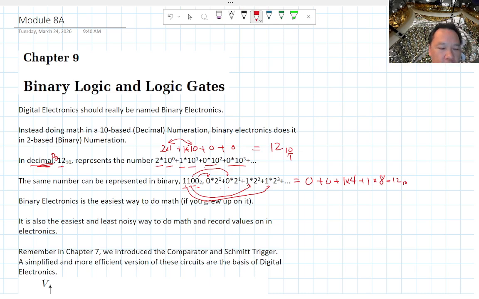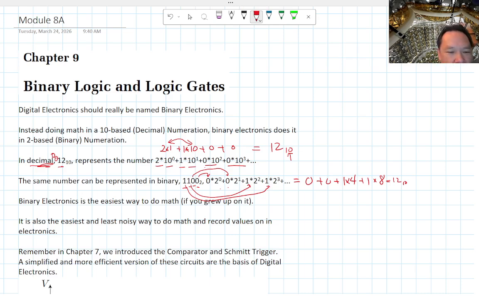Binary electronics is actually the easiest way to do math because you're only dealing with 1 and 0. You don't have to figure out is 5 divisible by 3 or 6 divisible by 4 and all that stuff. It's just always 1s and 0s. If we were brought up in binary, I think the human race would actually be a lot smarter, and it would make math a lot easier for a lot of people.